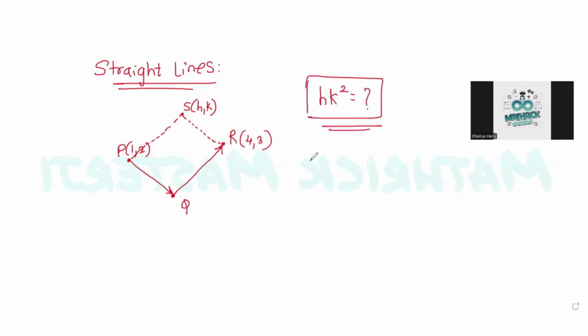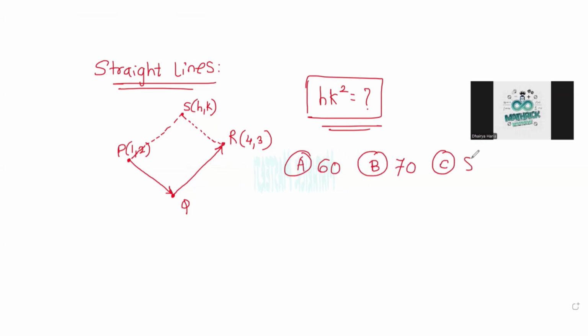The answer choices given are 60, 70, 80, 90. We need to figure out which one is the correct answer. Let's try to solve this question further and see which of them is correct.